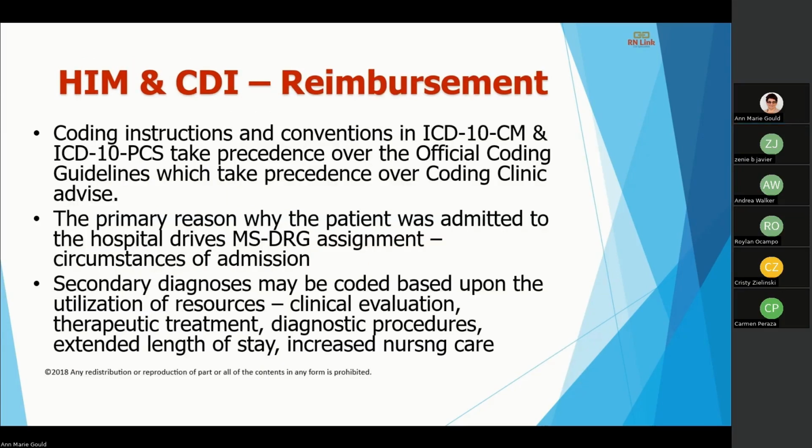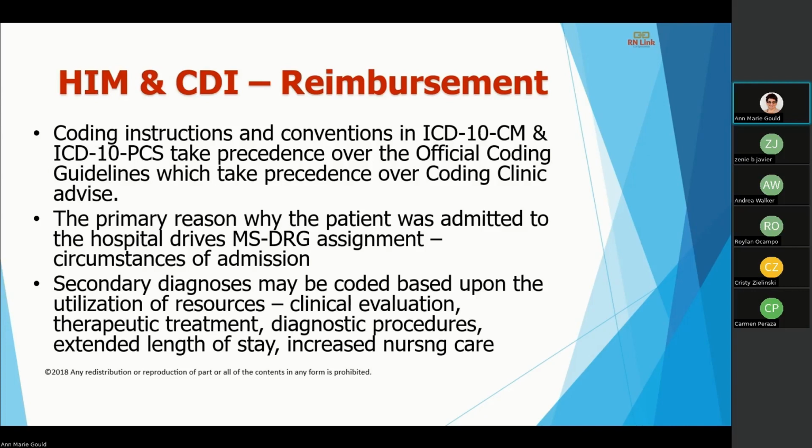Okay, and last but not least, reimbursement, right? Coding instructions and conventions in ICD-10-CM and ICD-10-PCS take precedence over the official coding guidelines, which take precedence over Coding Clinic advice. So Coding Clinic is like the bottom of the pile when you're looking at information.